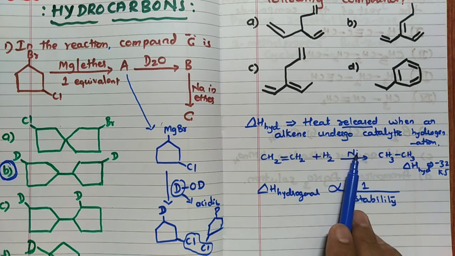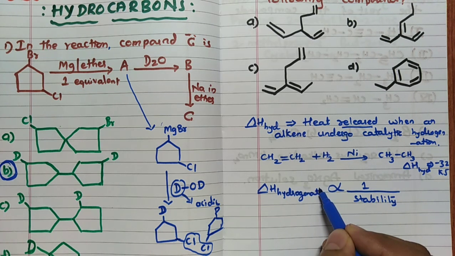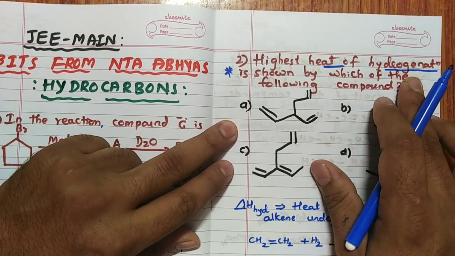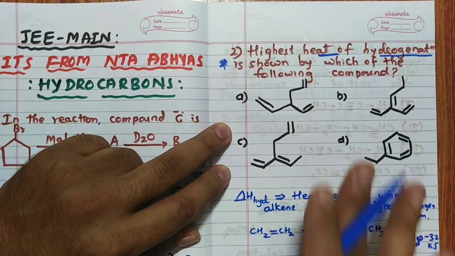Hence, remember, that will release less energy. Hence, you can say delta H of hydrogenation and stability are inversely related. Remember that. Now you can see highest heat of hydrogenation we require. Highest heat of hydrogenation means, remember, lowest stability.